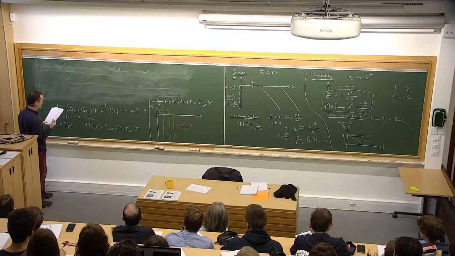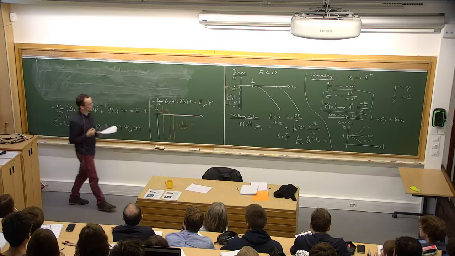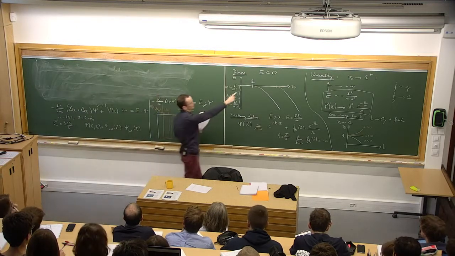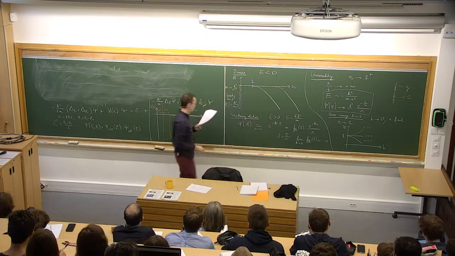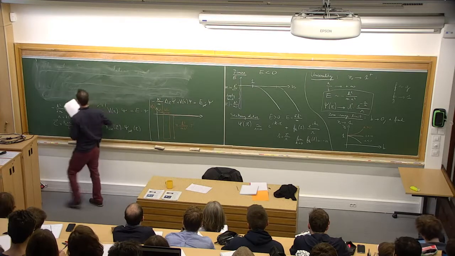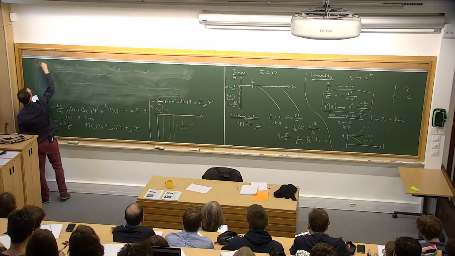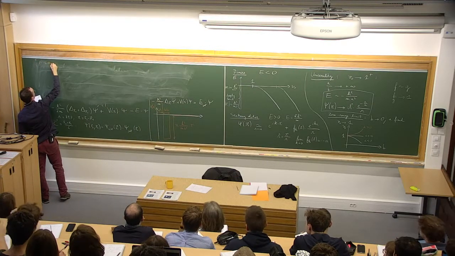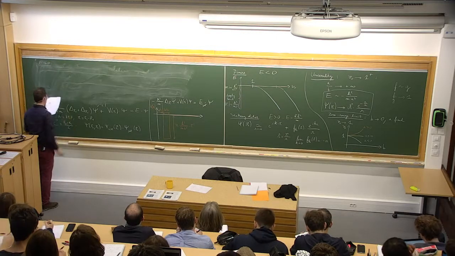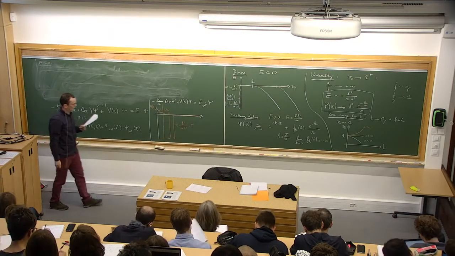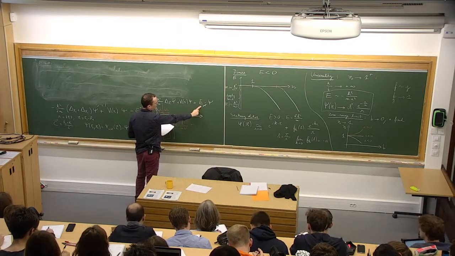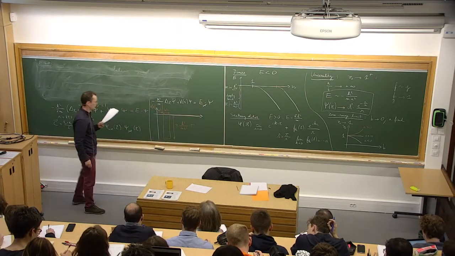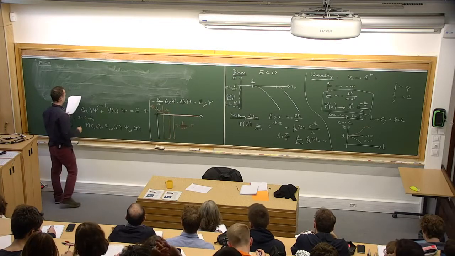So there is one interesting situation to consider apart from the strictly negative energy and strictly positive energy. It's also interesting to look at energy exactly equal to 0. And then, we have to solve the Schrödinger equation now with 0 in the right-hand side.